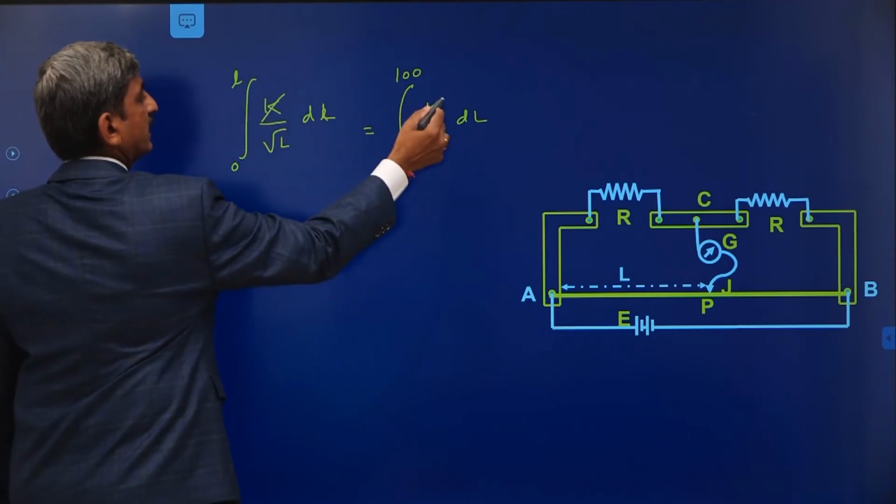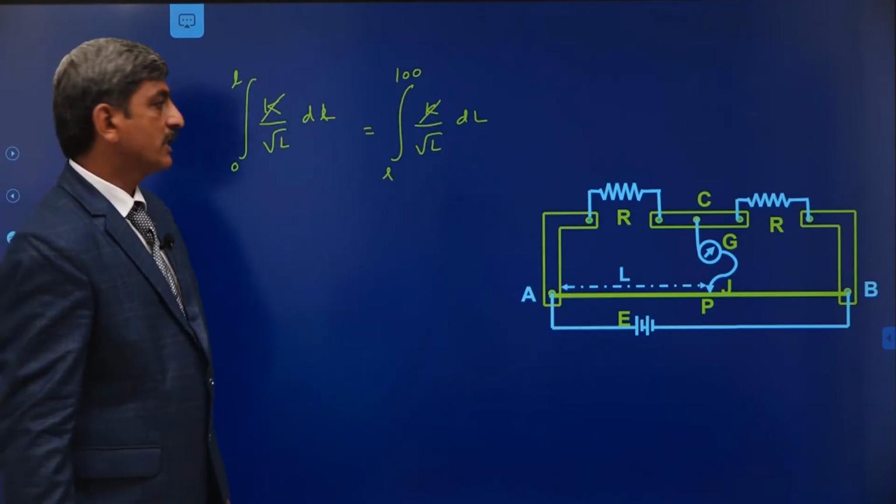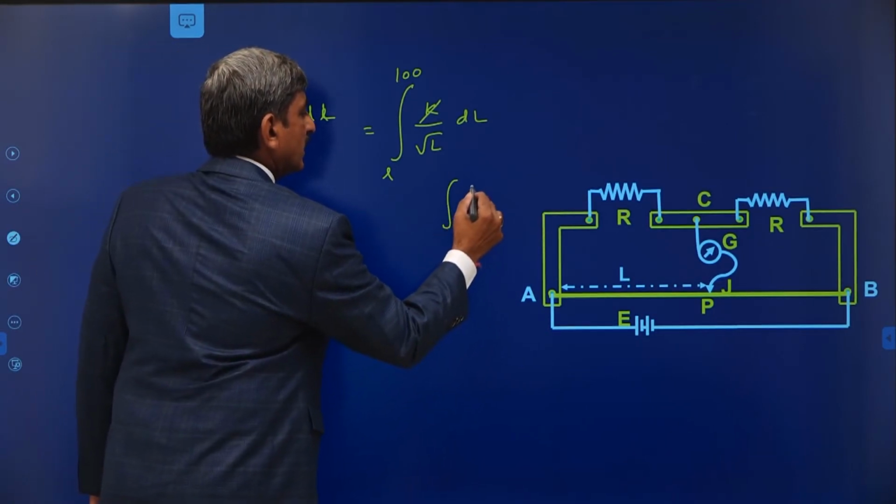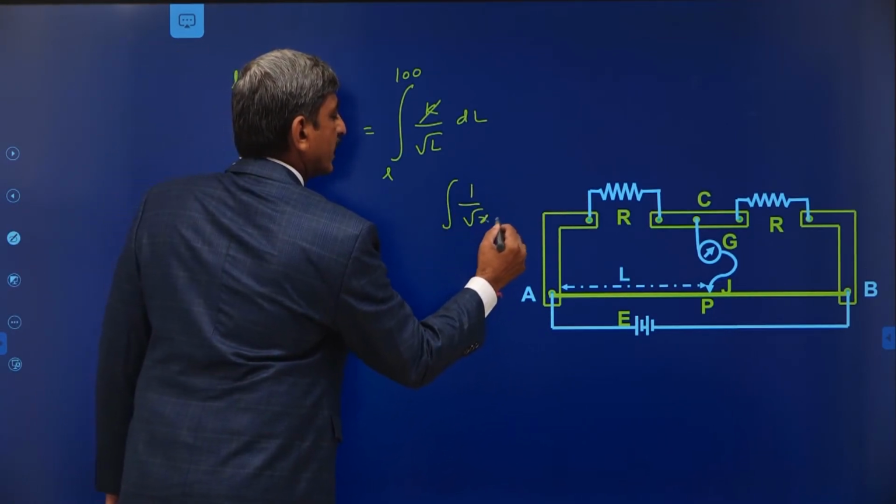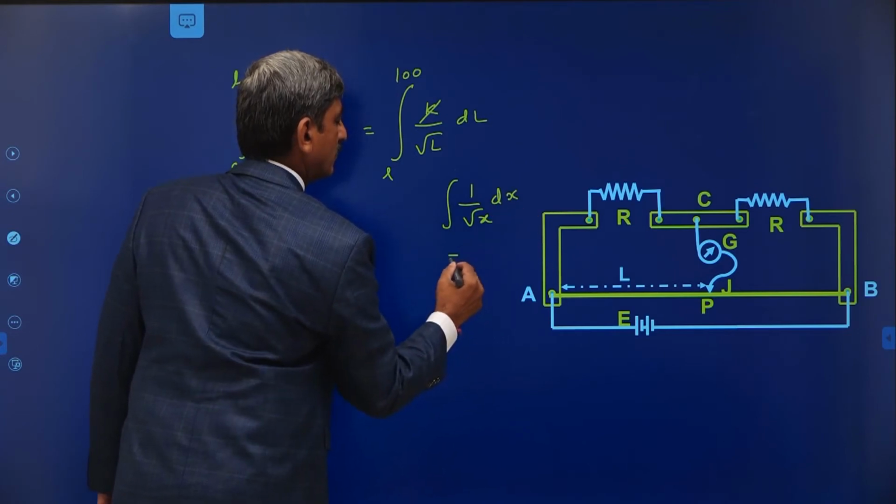Here k gets cancelled, and we know that integral 1 by root x dx is equal to 2 root x.